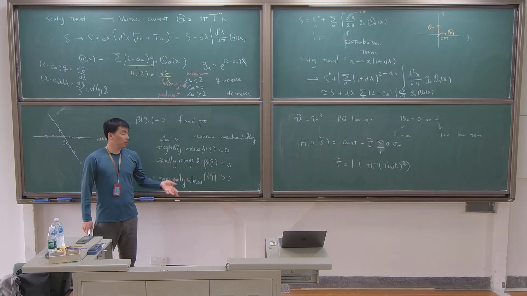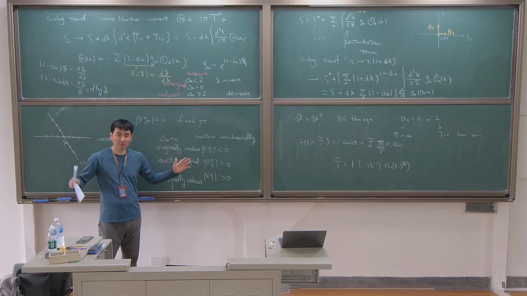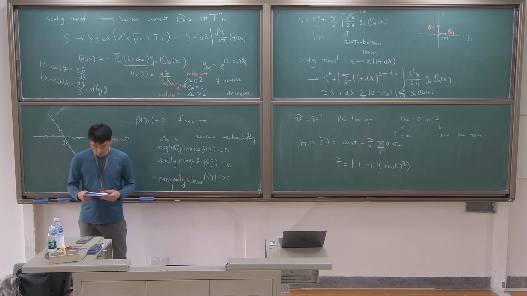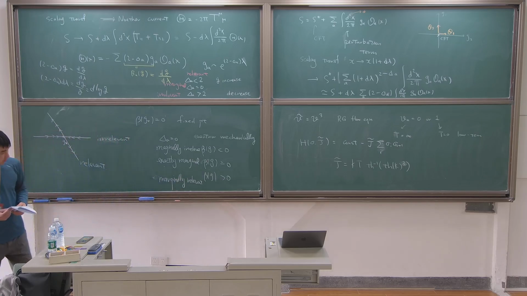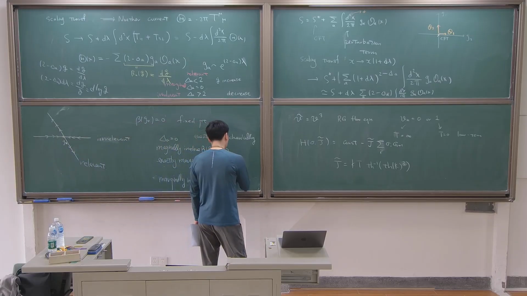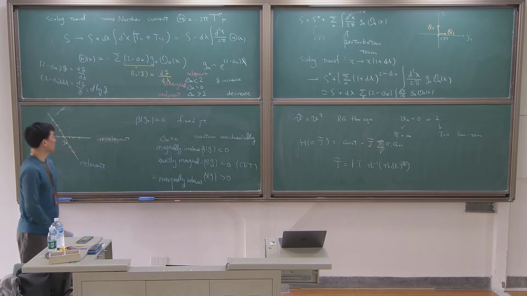If you include all the quantum corrections, if beta is negative, it's marginally relevant, because a negative beta function means smaller, and the marginally relevant coupling becomes bigger and bigger. And if beta is zero, this is a truly quantum mechanical CFT. Okay, so that's the exactly marginal case.